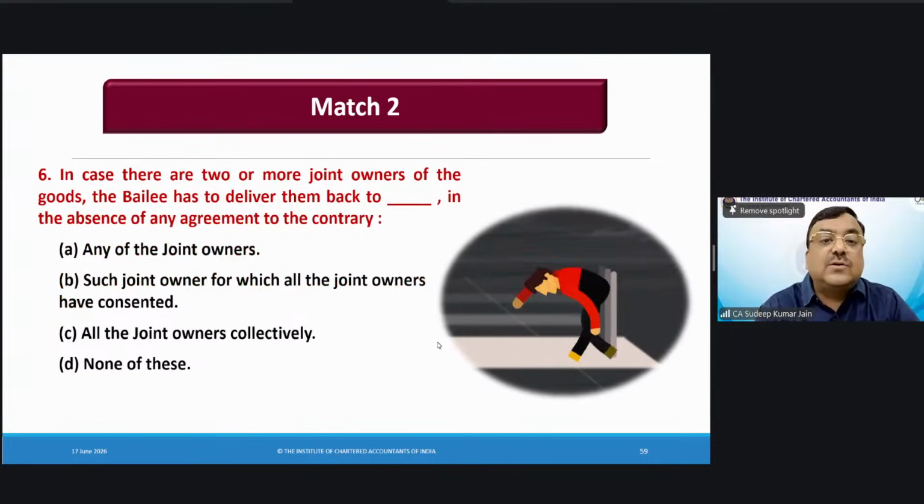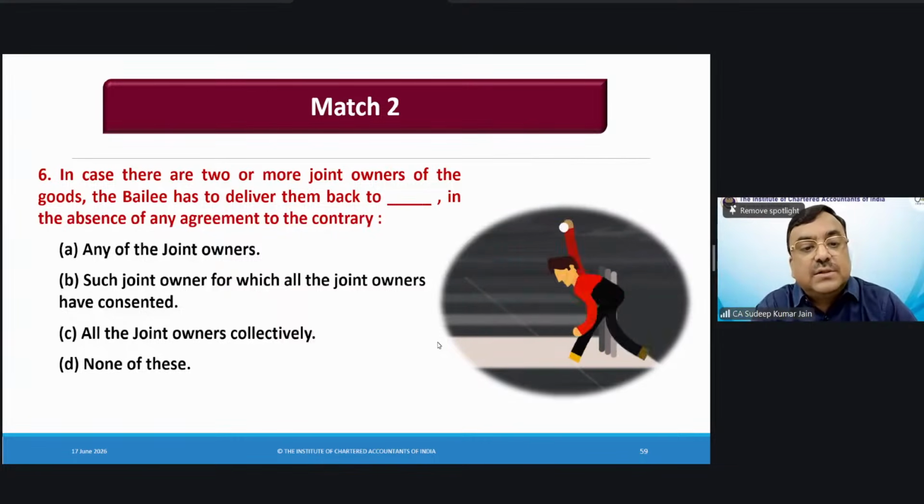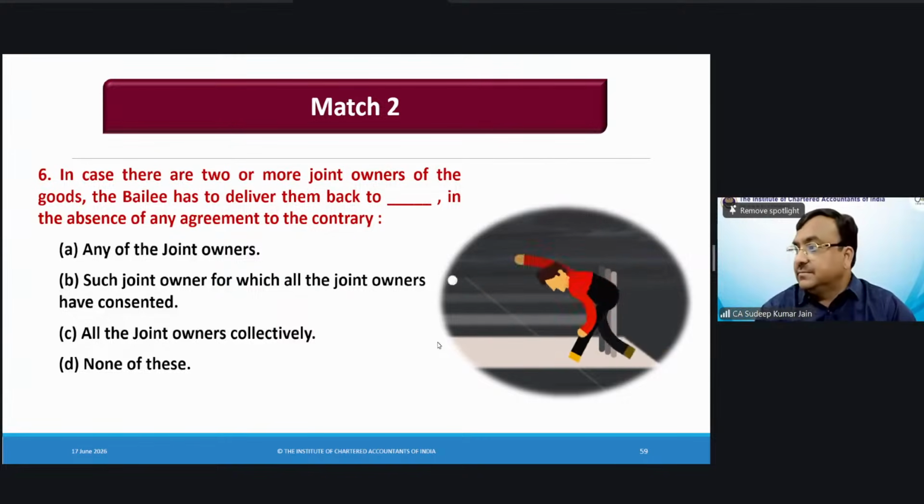In case there are two or more joint owners of the goods, the bailee has to deliver them back to any of the joint owner, such joint owner for which all the joint owners have consented, all the joint owners collectively, none of these.